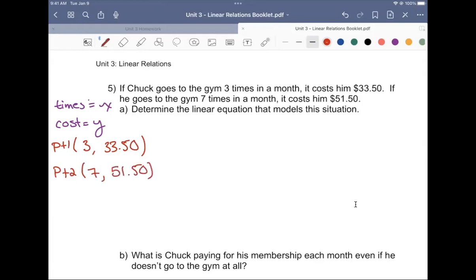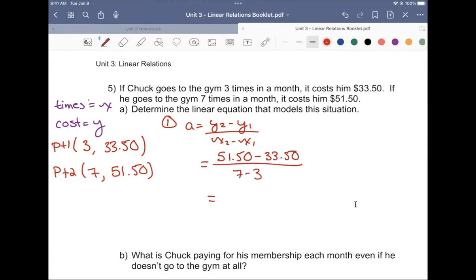And now that we've taken the information from the word problem and put it into ordered pair form, we can use the same exact process we just did to determine our equation. So step 1 is going to be find our slope. I know a is equal to y2 minus y1 over x2 minus x1. So this is equal to 51.50 minus 33.50 over 7 minus 3.